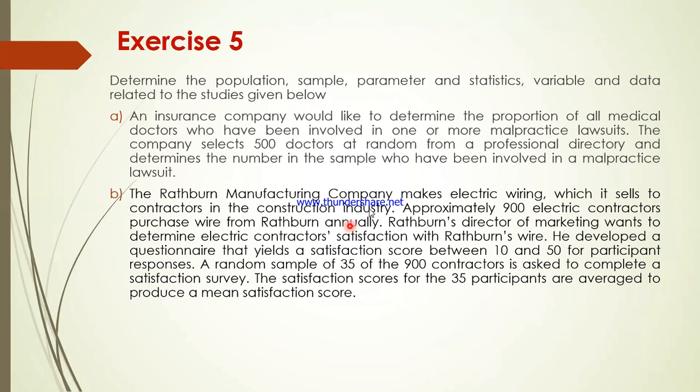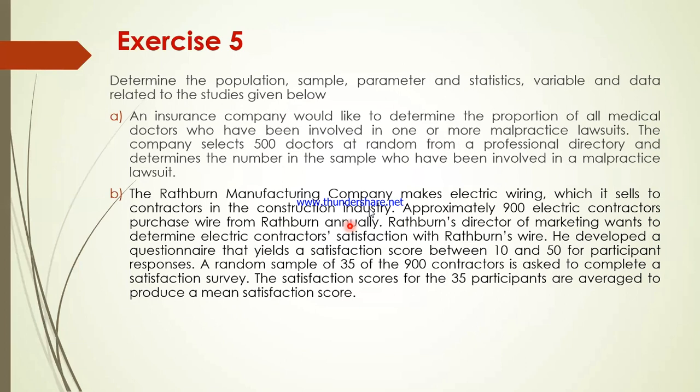If you are able to identify them clearly, then only you can follow the other things. Otherwise, it will always be a problem. So the definition of population and the definition of sample for the particular study are very important. You have to give a clear definition.